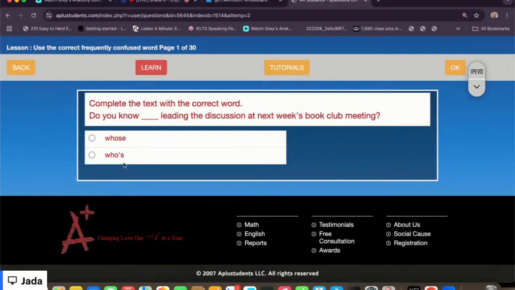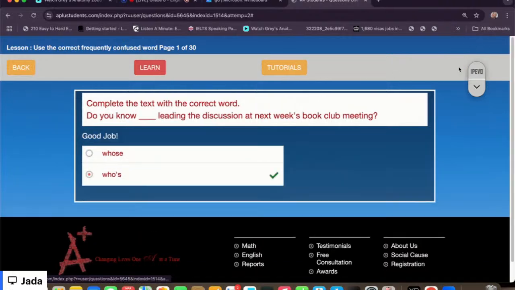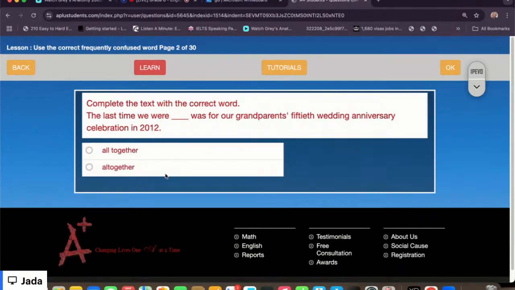So do you know who is leading the discussion? If you say whose, it is showing possession, so it's not the right one. Okay? So the last time we were dash was for our grandparents' 50th wedding anniversary celebration in 2012. So all together or altogether, which of these here?